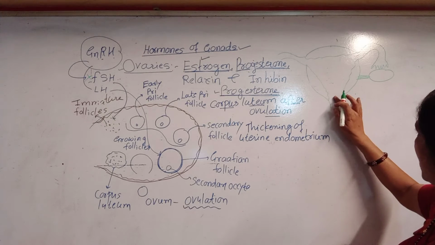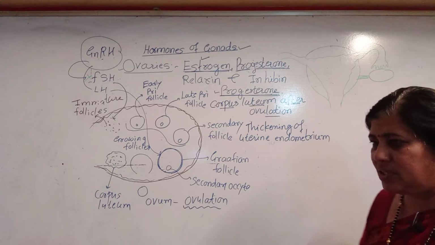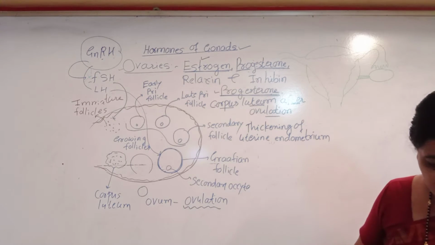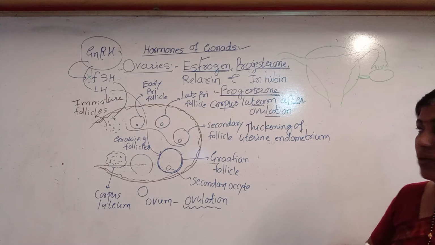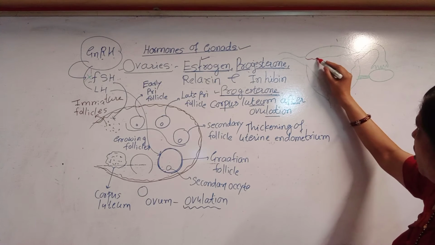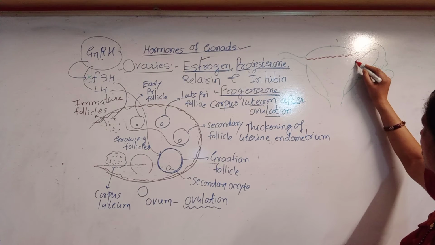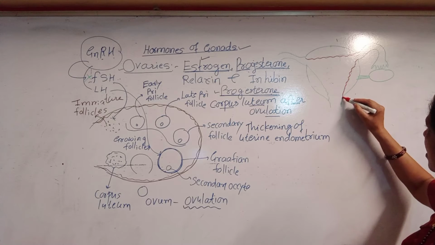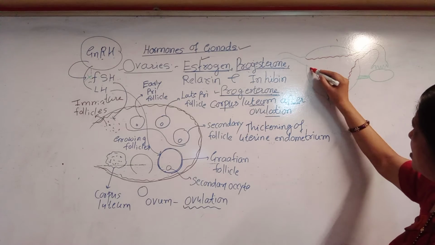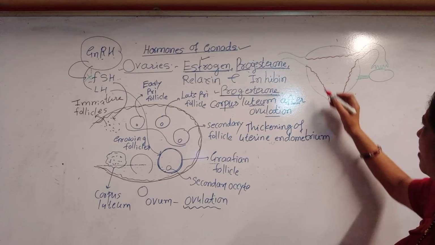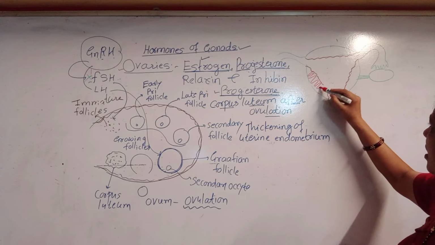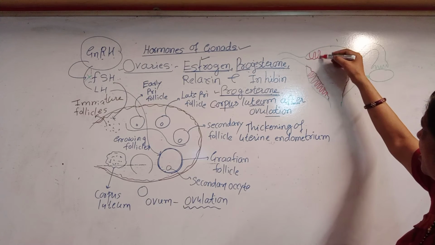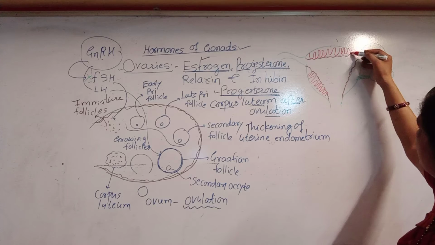This narrow part of uterus is called cervix. And the innermost wall of uterus is richly supplied with blood vessels, and these walls are called endometrium.